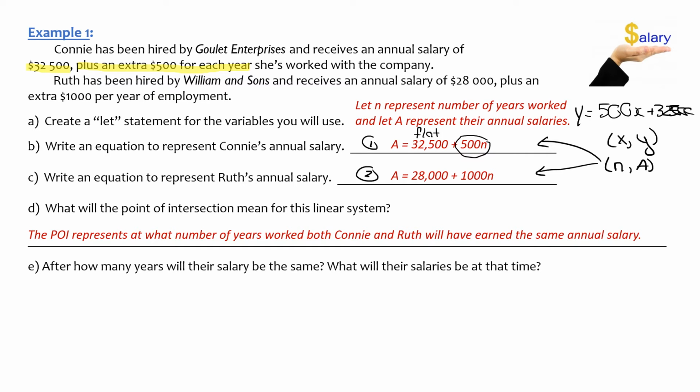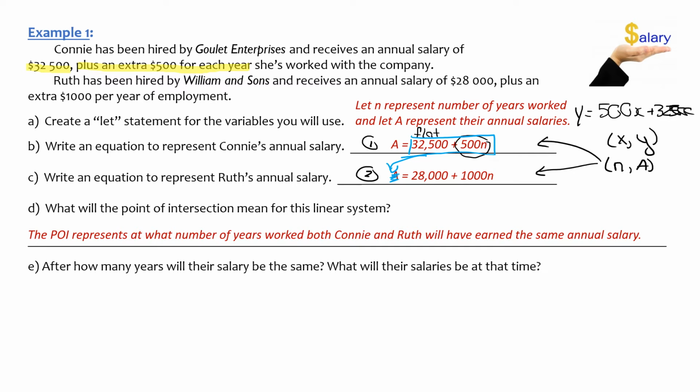And part of the title in today's lesson is substitution, because since A is already isolated, remember substitution is best used when one variable is already isolated. A is already isolated there. It is here too, but we only need it in one. So I'm going to take this whole piece that is equal to A, and instead of having A here, I'm going to write this stuff there.